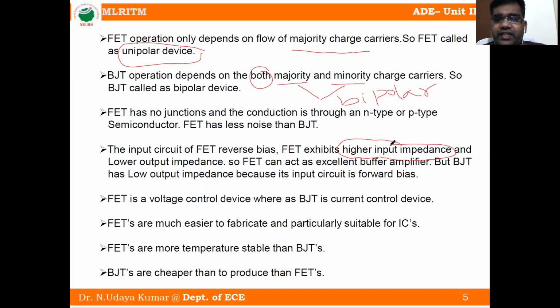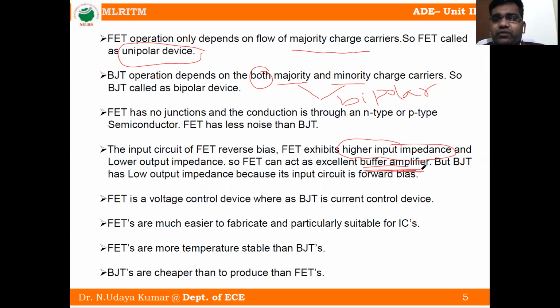So FET acts as a buffer amplifier. A buffer amplifier is nothing but whatever input is given to it, the same output appears at the output side.